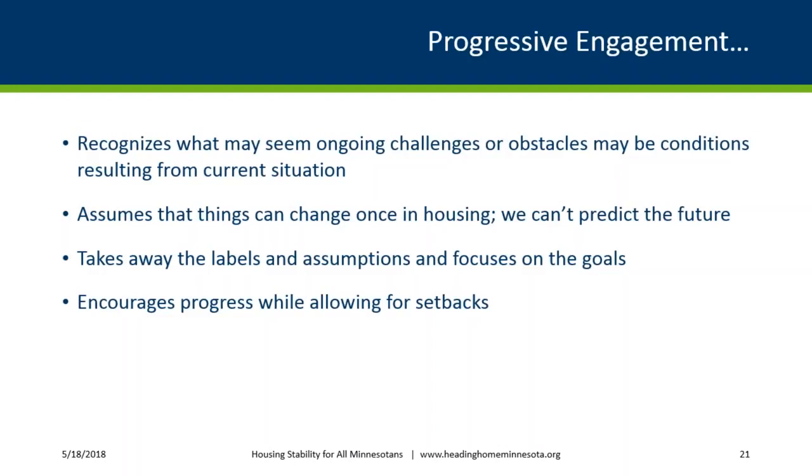And it encourages families to progress while allowing for them to have setbacks. So it's reality-based. It's positive reinforcing of progress while allowing that we all can experience setbacks. Particularly very low-income households can experience crises, job loss, health situations that start to move them toward not having money anymore, all of those kinds of things.